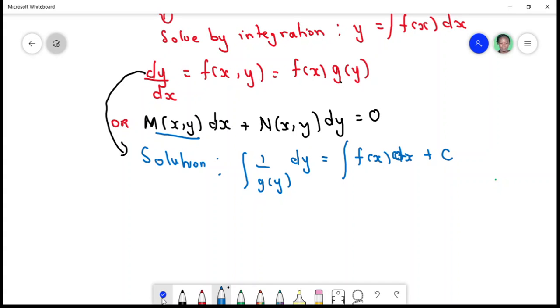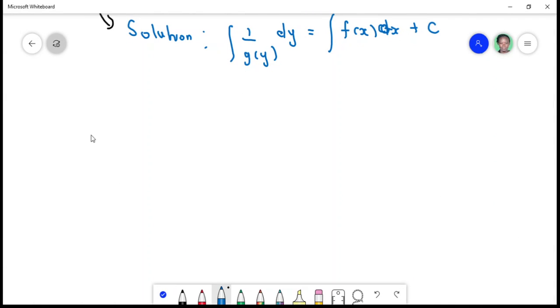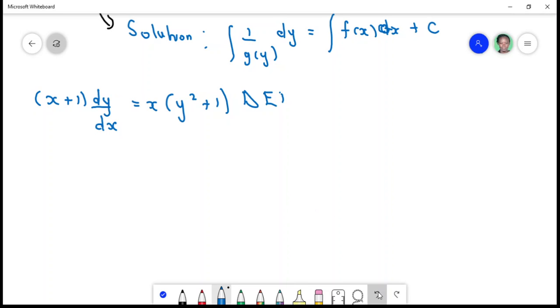So let's look at an example. I take the differential equation (x plus 1) dy/dx equal to x times (y squared plus 1). What do we want to do?